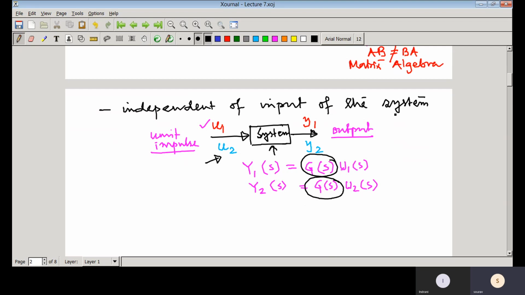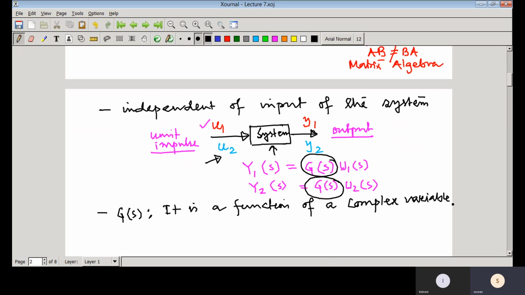And the transfer function, that is G(s). So this is actually a function of a complex variable s.